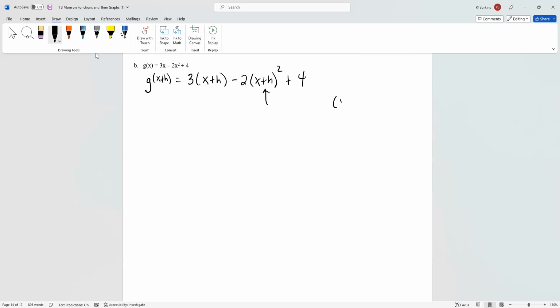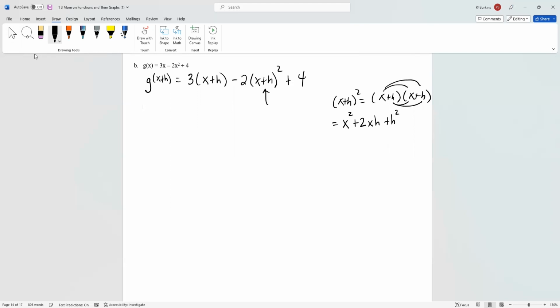So x plus h squared. Remember, you can FOIL this, x plus h times x plus h, or we could do our shortcut. It's the first term squared, plus 2 times the first term times the second term, and plus because there's a plus in the middle, and then plus the last term squared. You'll get the same result if you do your FOIL.